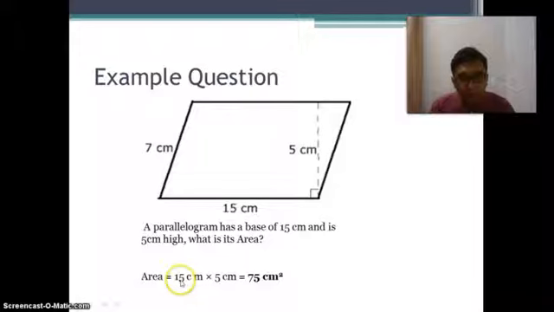We multiply 15 cm with 5 cm, which will get the answer of 75 cm squared. Don't forget to put the square over here, because centimeter times centimeter will get centimeter squared.